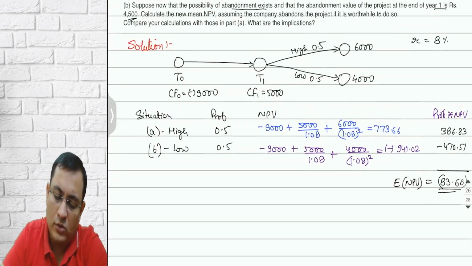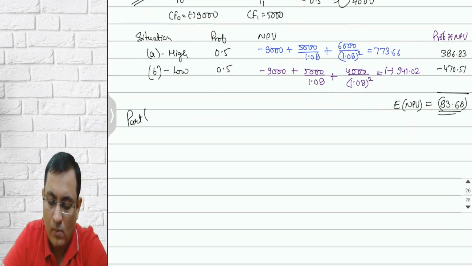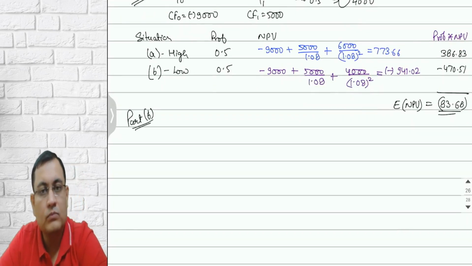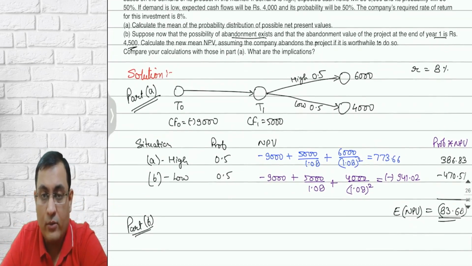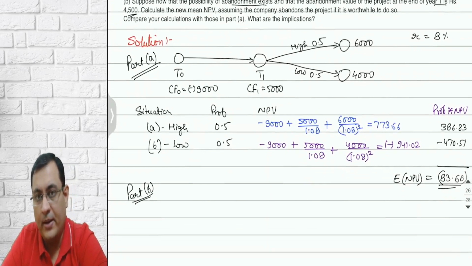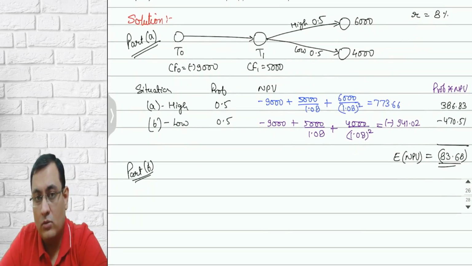So part 2, this was part 1. Now we are going for part B. Whether we are going to abandon or not depends on the expected future cash flow.